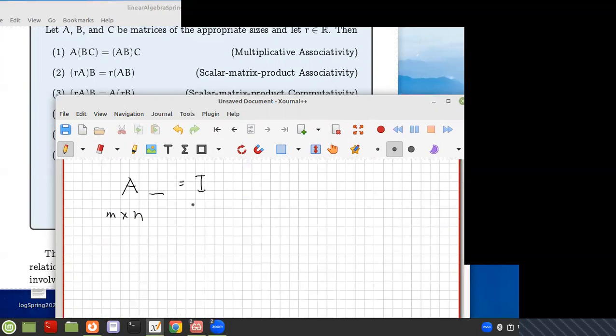If this is an m by m matrix, then the other one would have to be an n by m matrix to produce this.